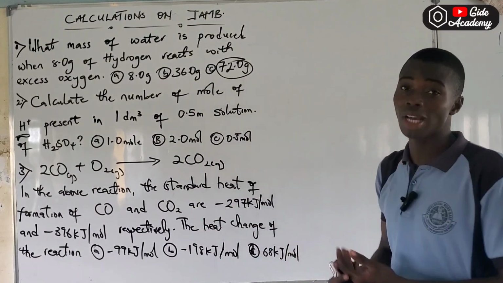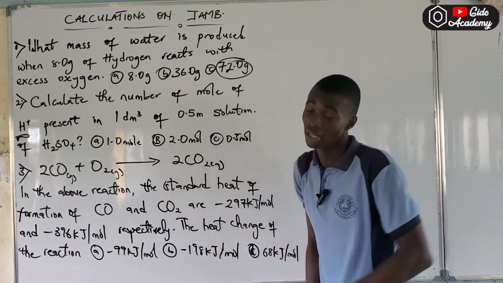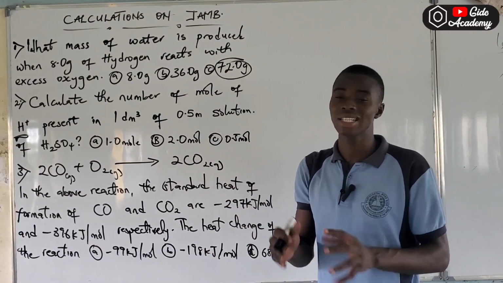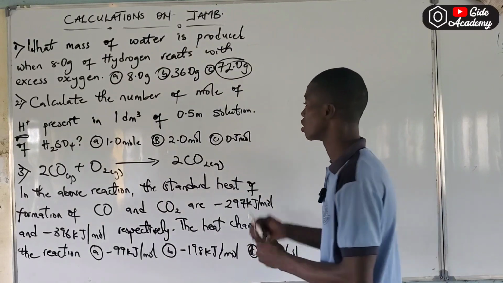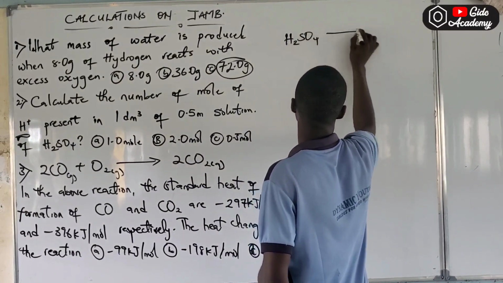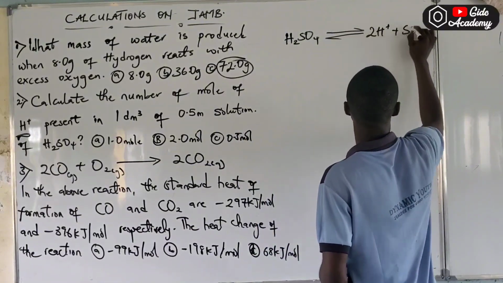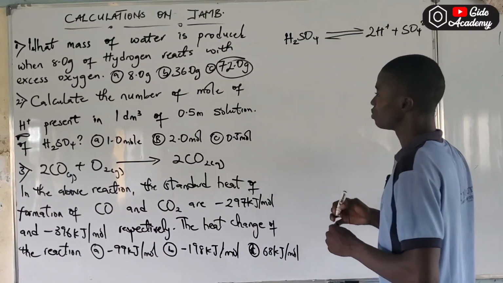The first thing you have to do, write a balanced equation. Any question you see in this format, the first thing you are expected to do is write a balanced equation. So I will have H2SO4. On dissociation, we are going to have 2H plus and SO4 2 minus.